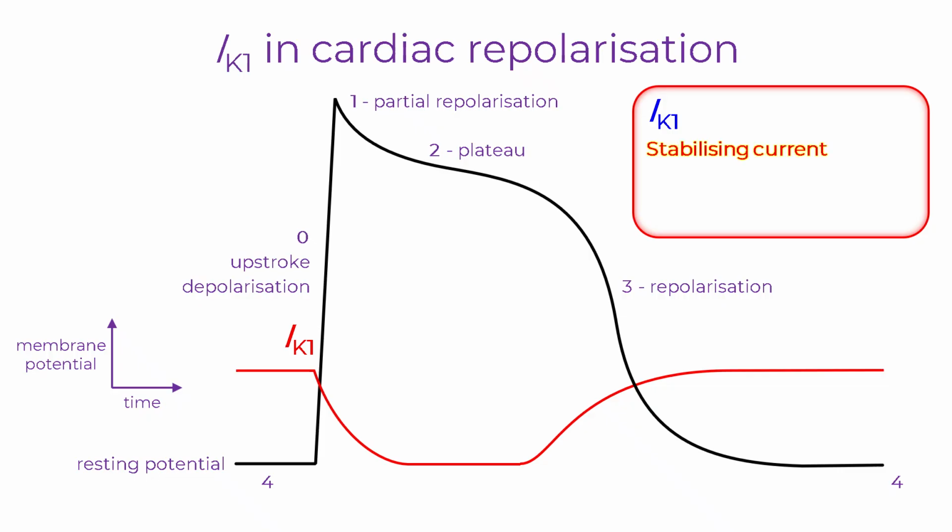It does not determine the timing of phase 3 in the way IKr or IKs do, but it ensures that repolarization is completed and that the resting membrane potential is firmly maintained. The role of IK1 is to complete repolarization and stabilize the membrane, while IKr and IKs determine how long repolarization takes.